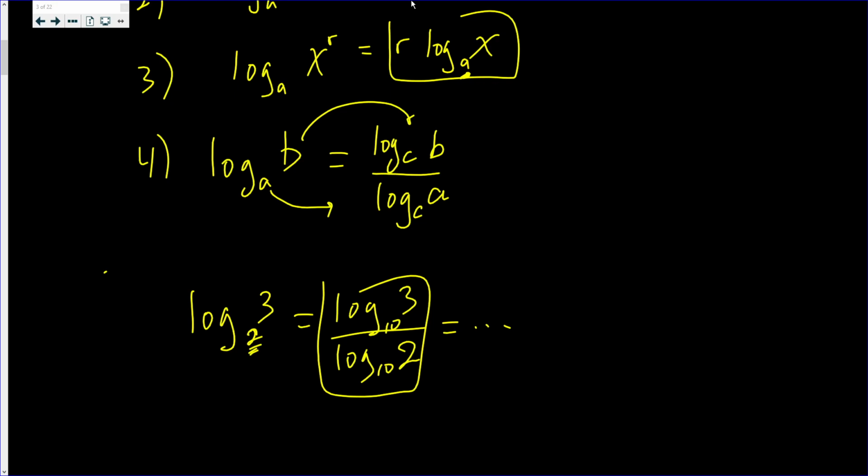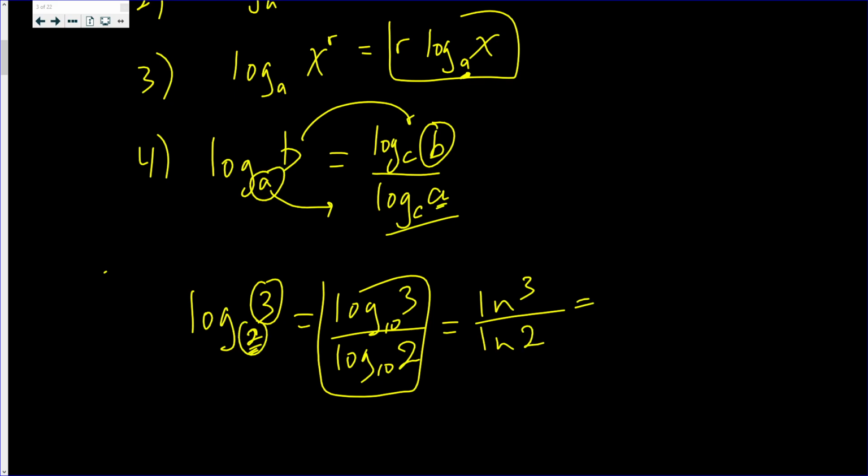But as I said, you can use any base that you like. Well, I choose to use base e. So it's log base e of b, which is 3, divided by log base e of a, where a is the base. And if you have a very unique calculator, and it has log base 17, 3, and 2.